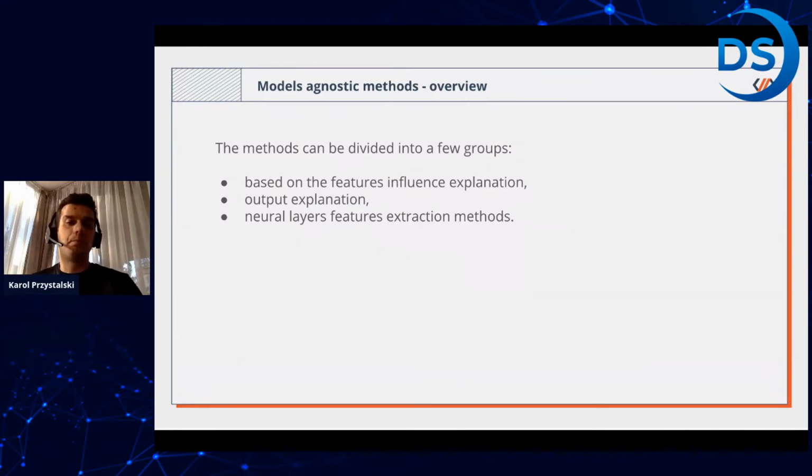For example, the feature influence, where you test the features that go in as input to a network, or methods based on the output, where you try to explain a model with different kinds of exercises. Or you can also take a layer of a neural network and try to extract the features from that layer.